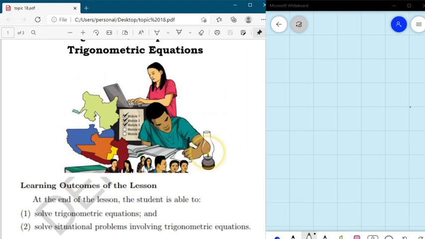The set of all solutions of an equation is called the solution set of the equation. So let us now proceed to answering equations with one term.